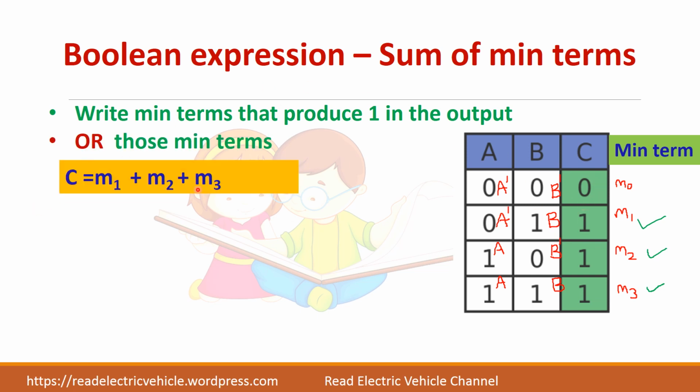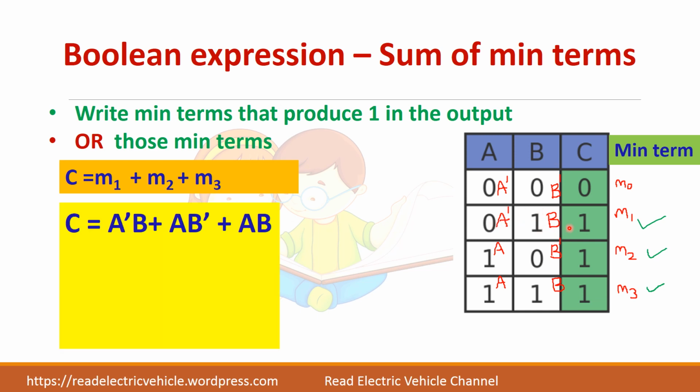Then you OR those minterms. OR means put a plus sign. So take M1 plus M2 plus M3. So this is the output expression. Now instead of M1 I can write A dash B plus A B dash plus AB. So substituting these variables instead of the terms.